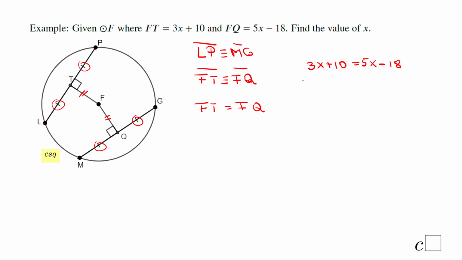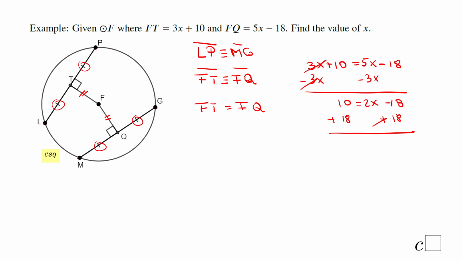So I will subtract 3x here, and we have 10 equals 2x minus 18. Add 18 on each side to get rid of the minus 18, and I have 28 equals 2x. Divide by 2, and we have x equals 14.